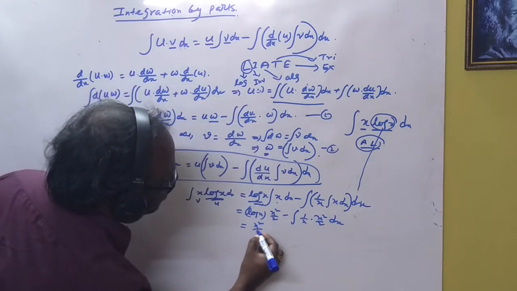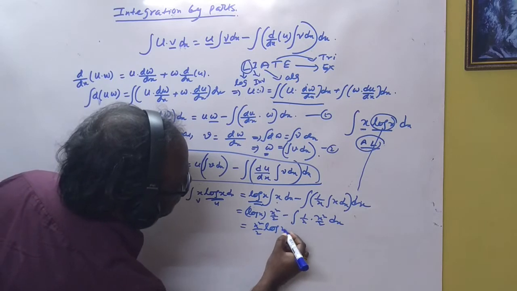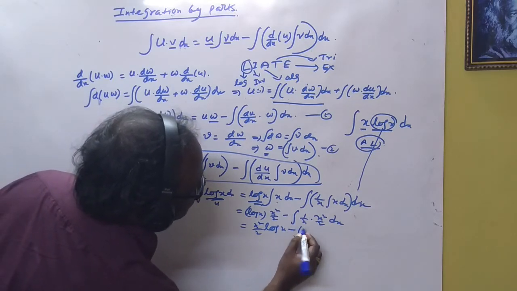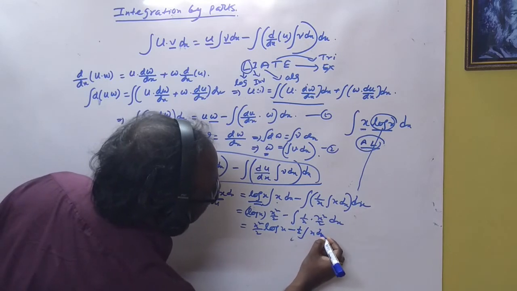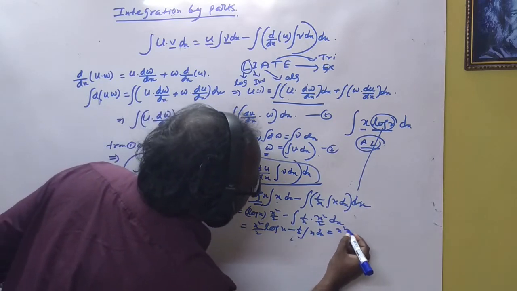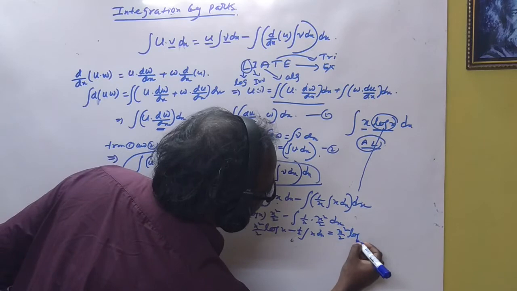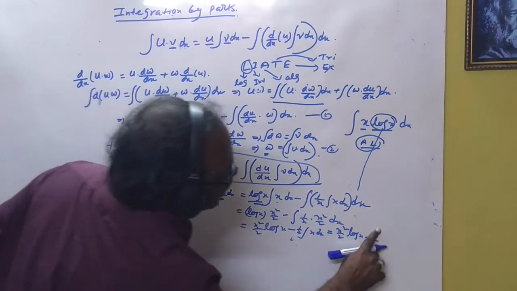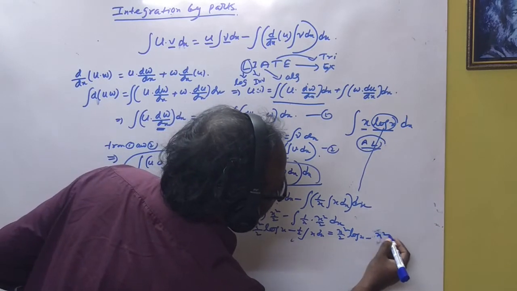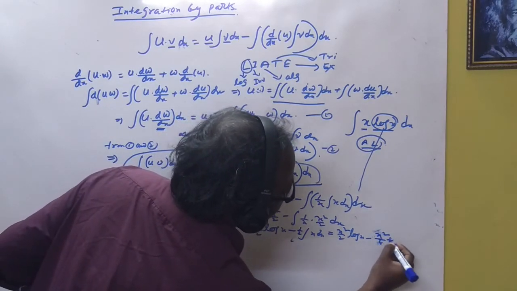Now x square by 2 log of x, and this is here half, and x dx. So you can write x square by 2 log x minus half. This is x square by 2, so here x square by 4, plus c.